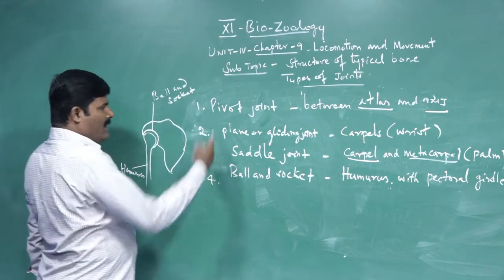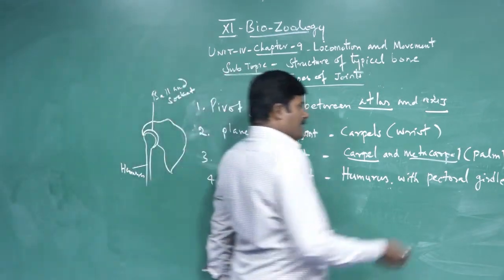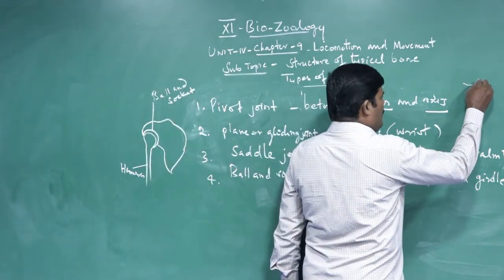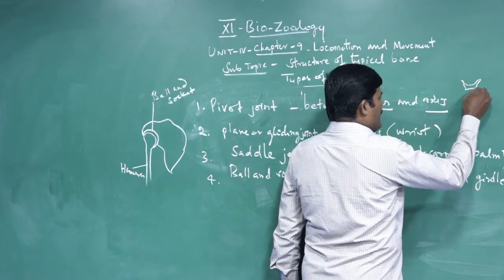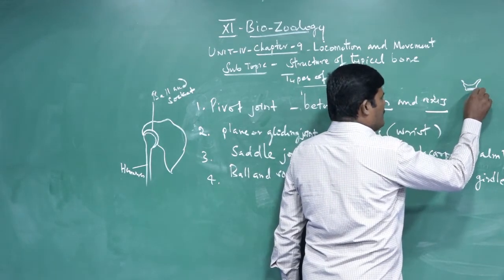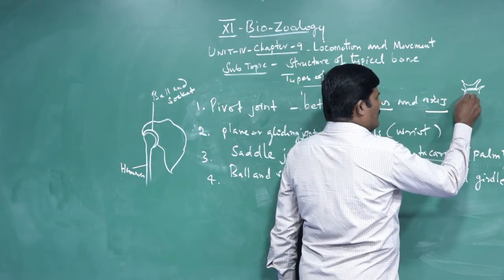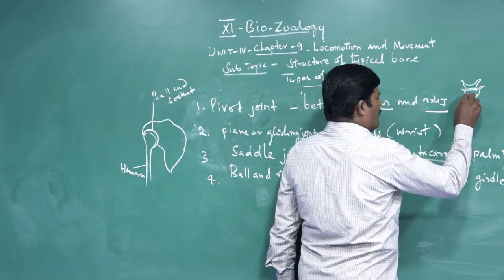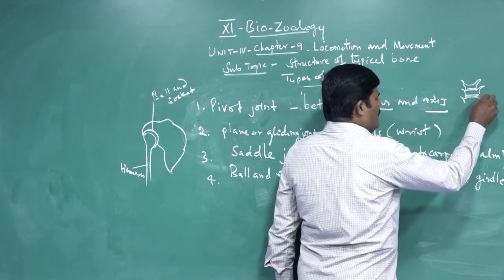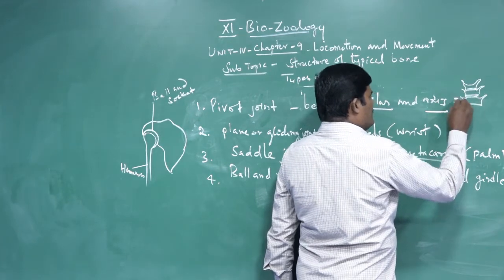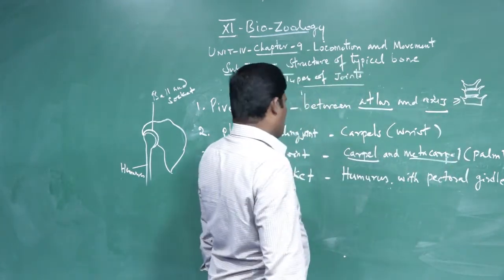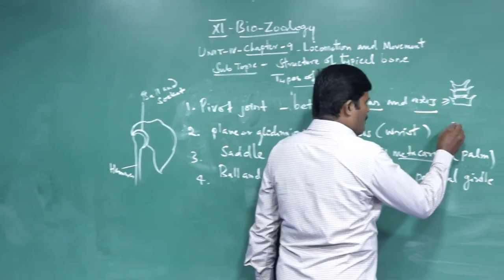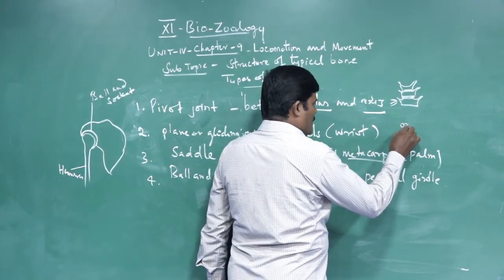Okay, so the joint formed between the atlas and the axis is called a pivot joint. Gliding joint means what? Carpals, the wrist bones.